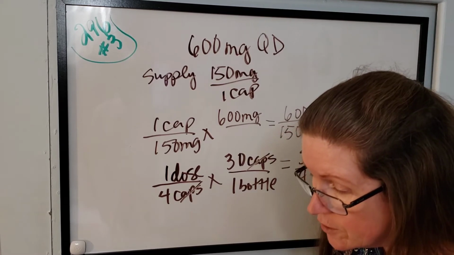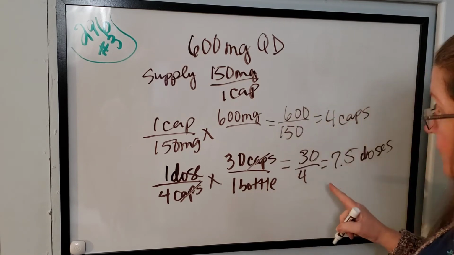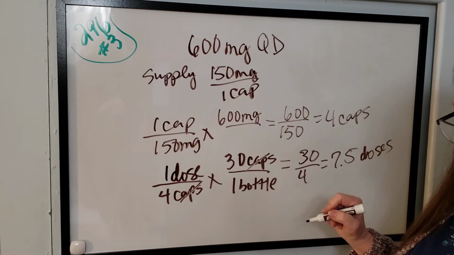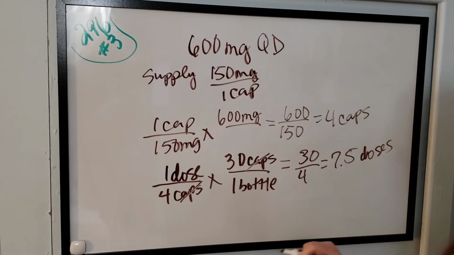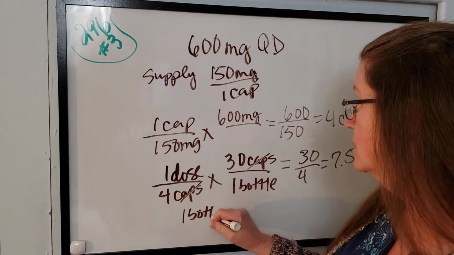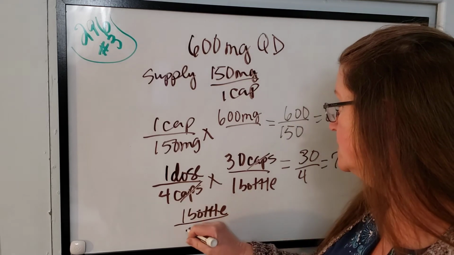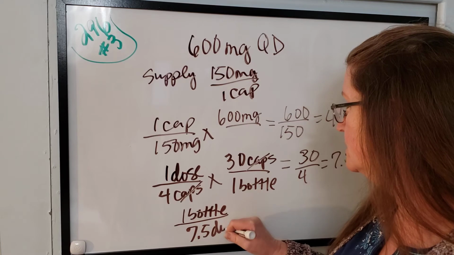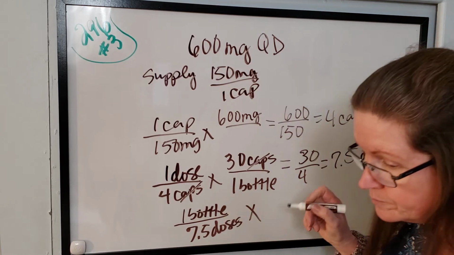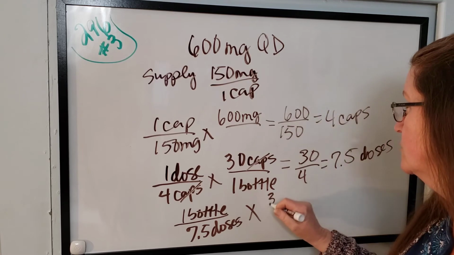Then it wants to know, that's how many full doses would be 7, and how many containers are needed for a 1 month supply. So 1 bottle is 7.5 doses, and I want 30 doses.